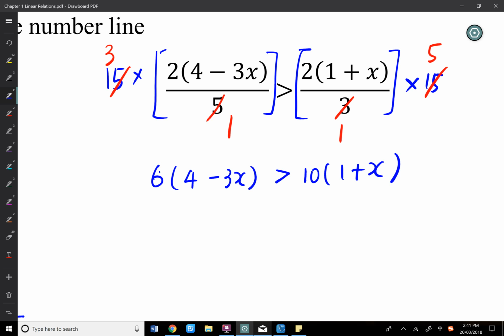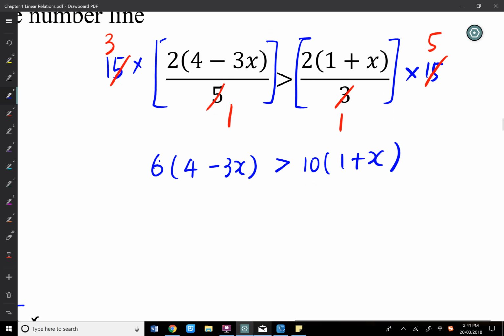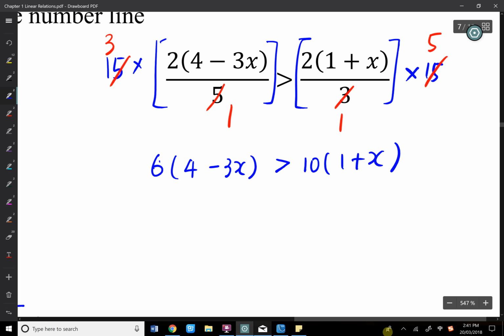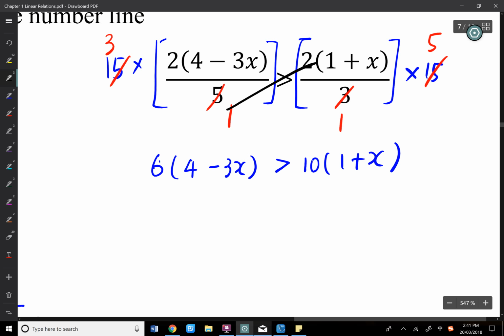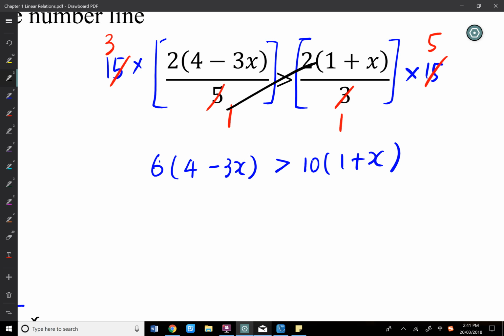You can't decide which side you put the greater one. I can do, for example, cross multiplication of those two first to put on the left hand side. That will give me what I have now. But I can also cross multiply this first and put it on the left hand side. How can you make sure?